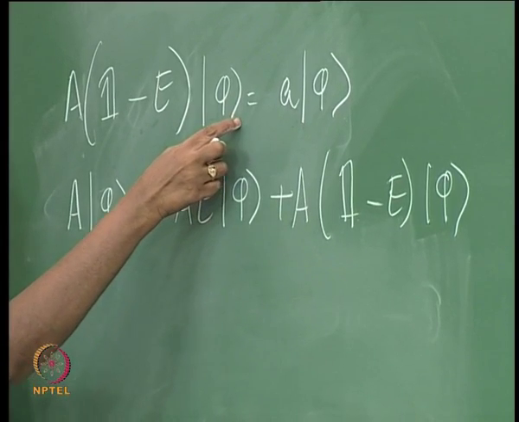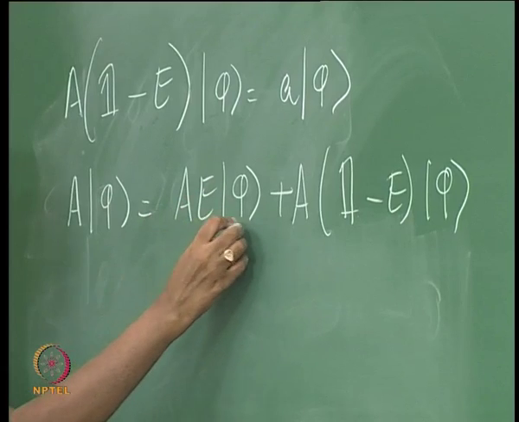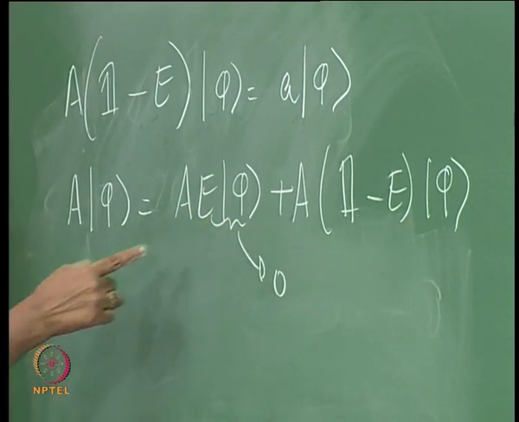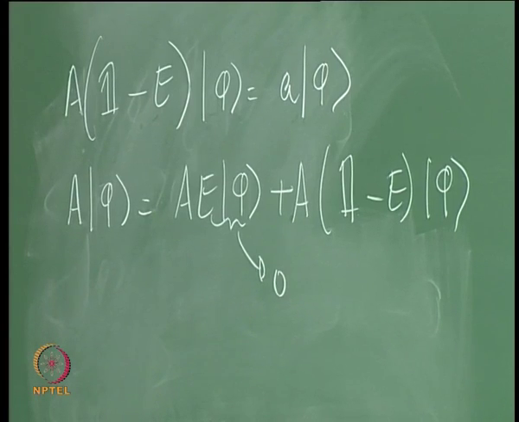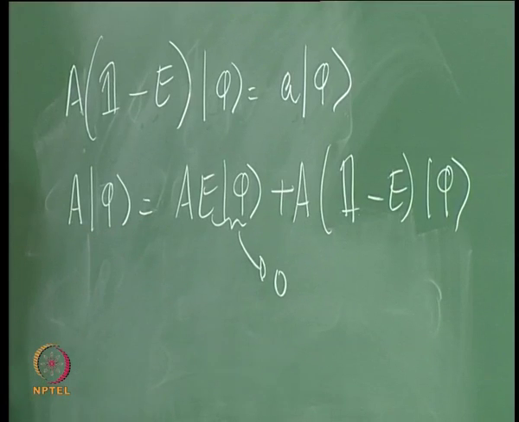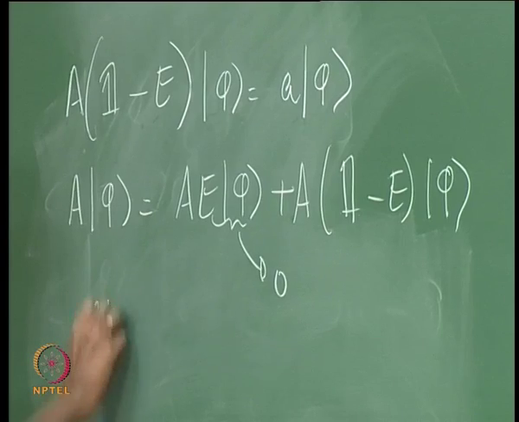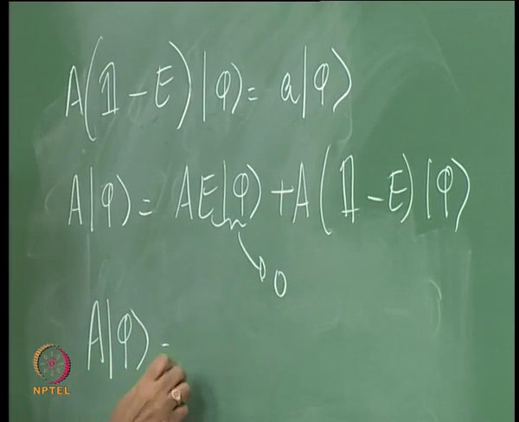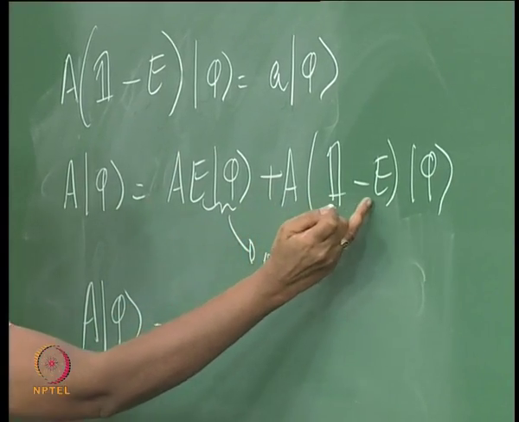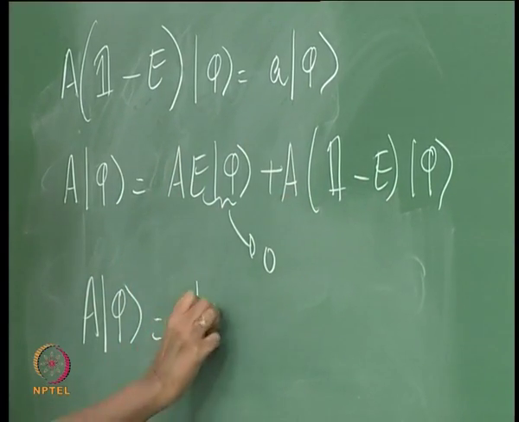But phi is a vector in M bar, therefore E phi is 0 because E is the projection operator onto the subspace M. So there is nothing to project into the subspace M, and therefore A phi is the same as A times identity minus E phi, which is a phi.